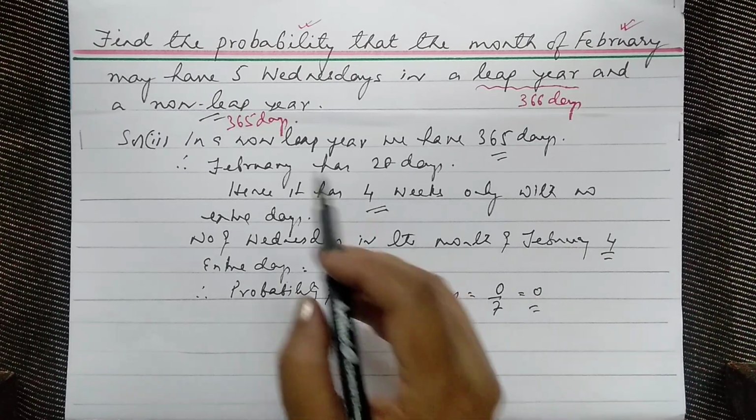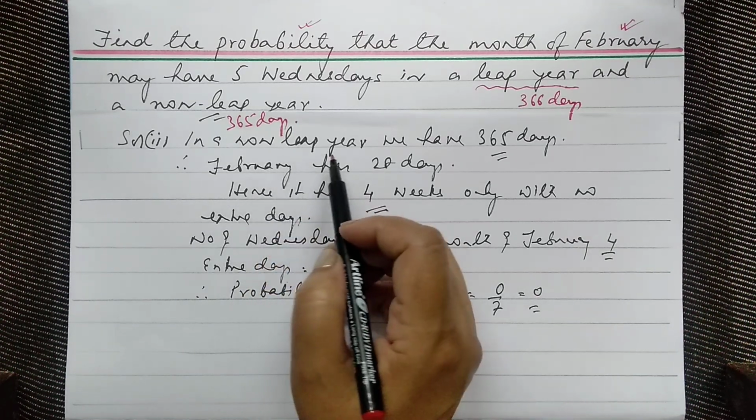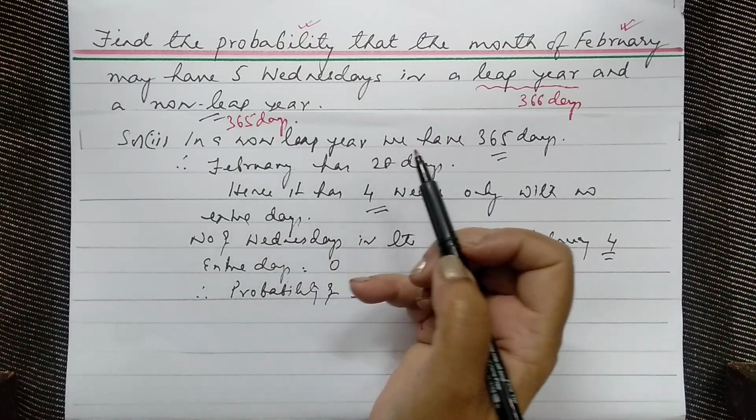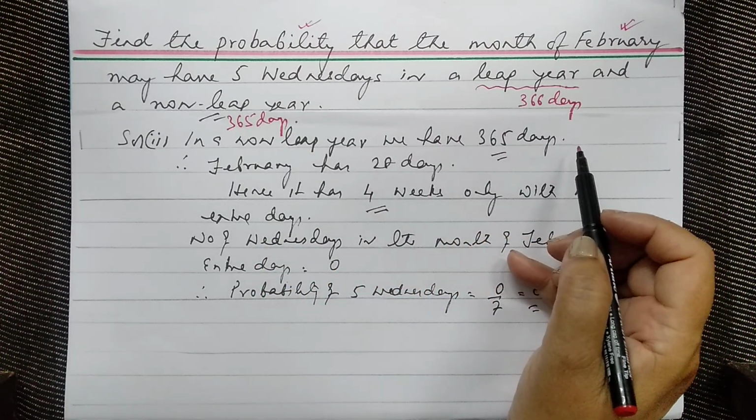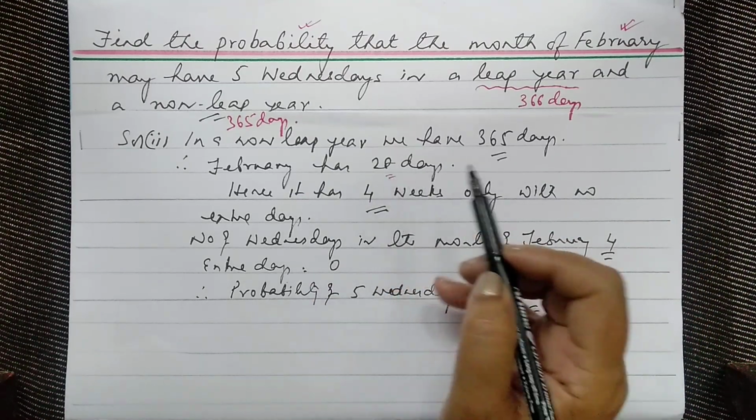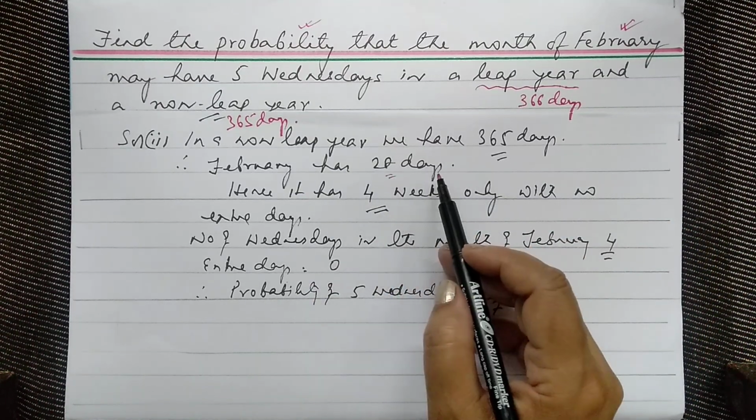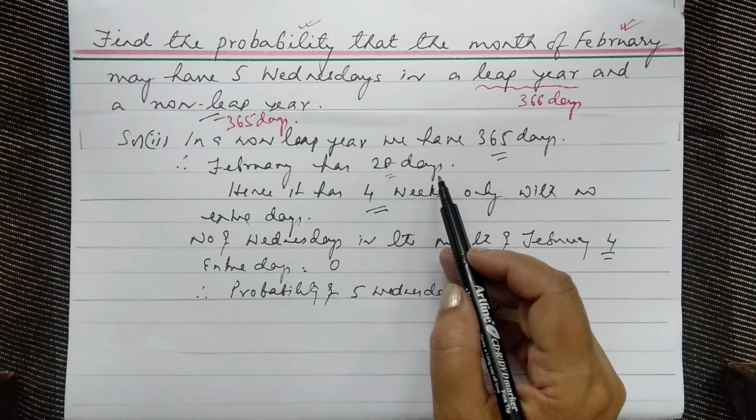Let me just start with a non-leap year. A non-leap year has 365 days. February has 28 days in that particular month, am I right?